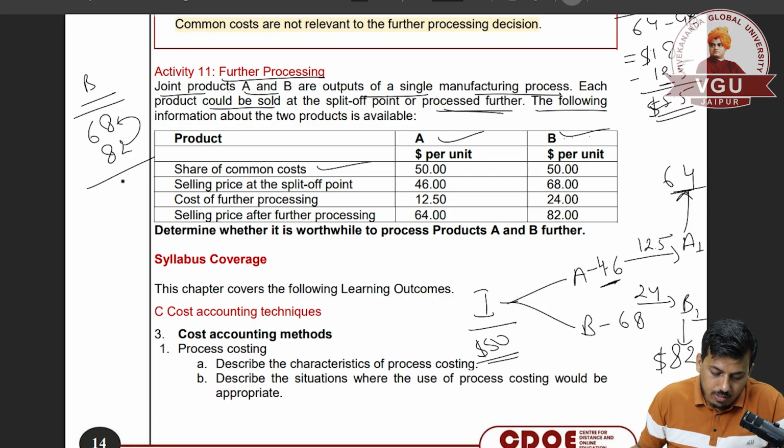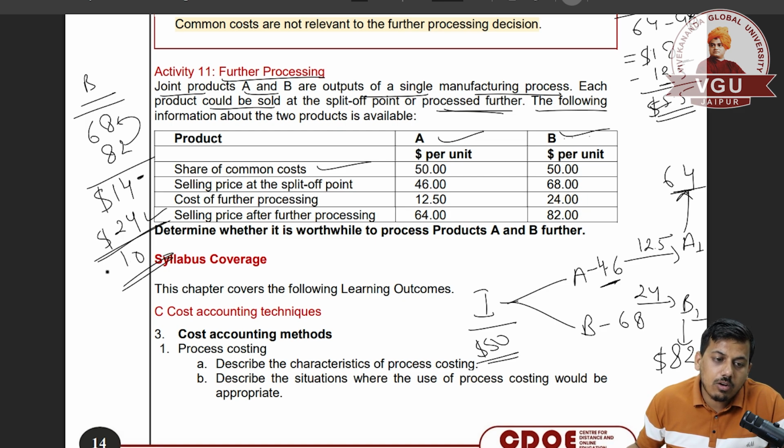If we deduct it, we get 14. Our further processing cost is $24, and the incremental revenue is only 14. It means that we are getting a loss of $10. So it is not worthwhile to further process product B.